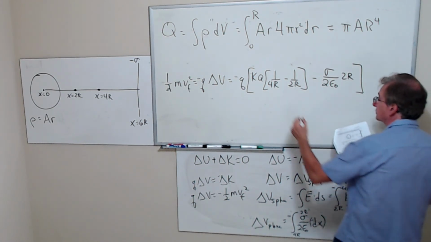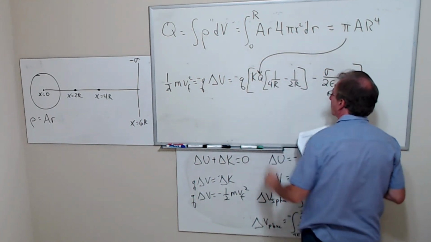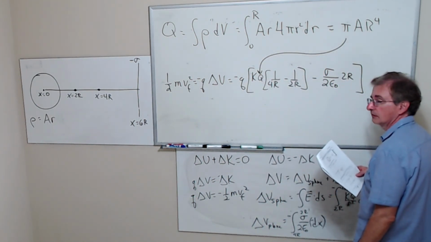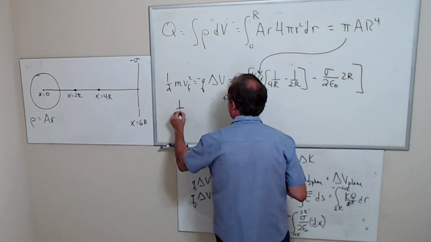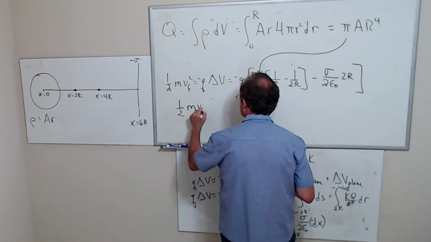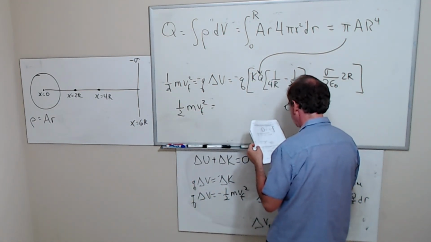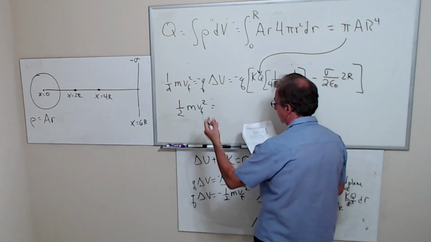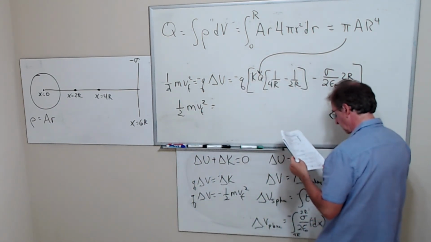Then you can substitute your q. And then you can have 1/2 mv final squared is equal to, actually, I'm sorry, I want the change in kinetic energy. So that's the change in kinetic energy anyway.